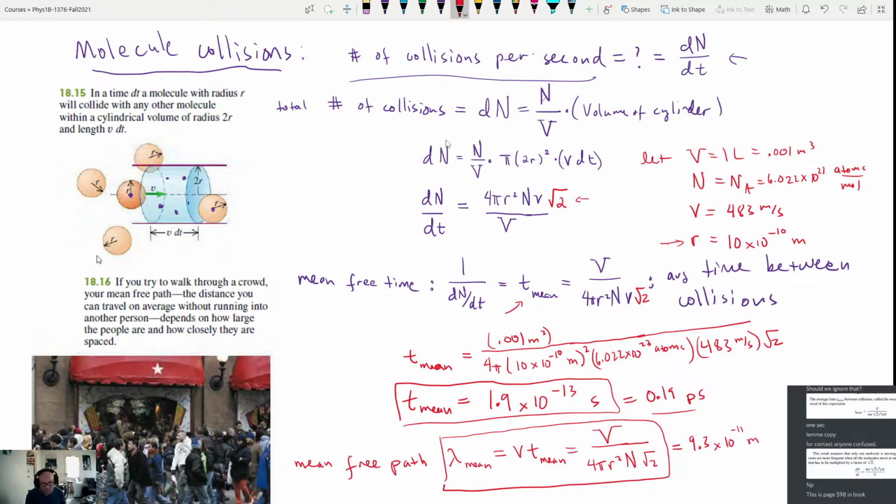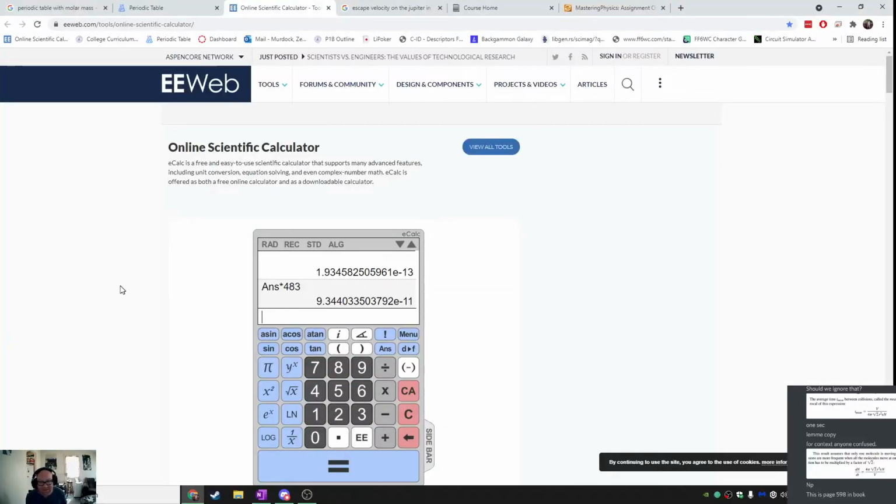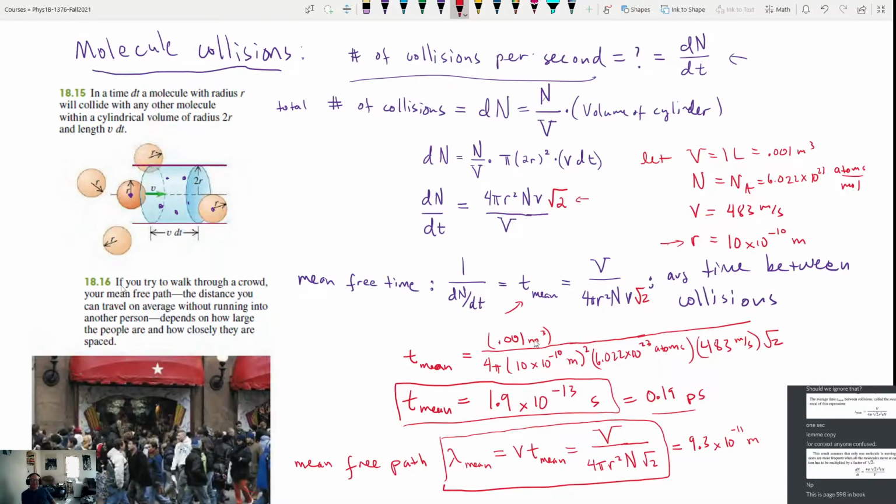That's less than the size of the molecule. What that means, I think, is that we packed these things in so tightly that they don't even have to travel. That's really kind of funny. Anyway, probably packing them into 1 liter is too small. I think we should have used something like 22 liters for this.